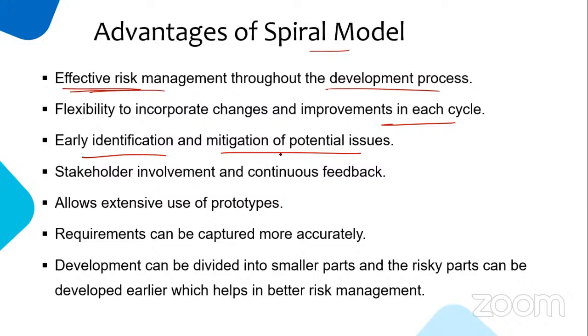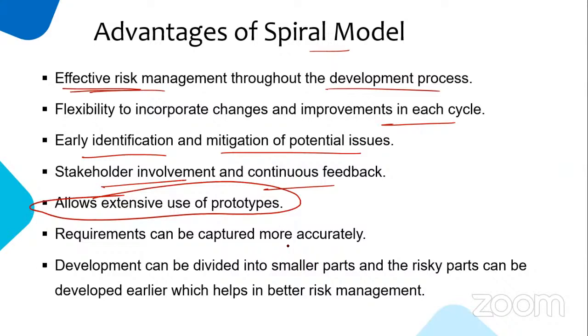Same thing, iterative model only. It's exactly the same as the iterative model, no big difference, but everything is based on risk management. And again, continuous feedback allows extensive use of prototypes, not just 1 or 2. First show me the application, the prototype, and then things will work out. And requirements can be captured more accurately.